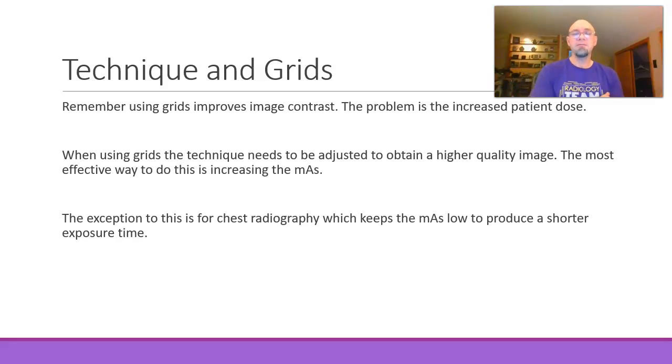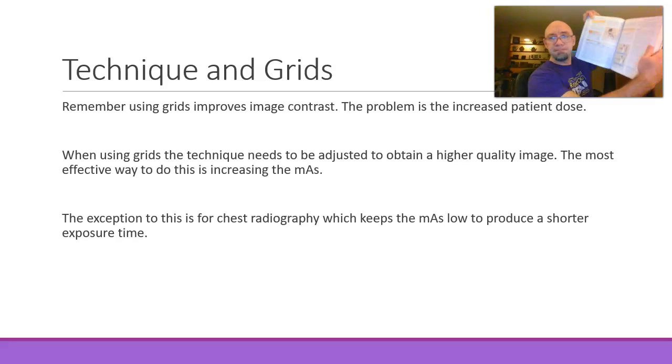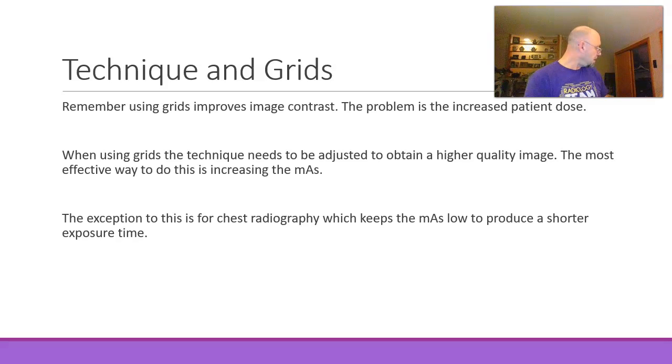kVp is a little bit different because with kVp, there's no pattern or rhyme or reason as far as I'm concerned looking at this chart. But as I read more and more in the book, adjusting your kVp is more for a very high grid ratio grid. So when you're up into like 12-to-1, 16-to-1, that's usually when you are going to increase your kVp rather than your mAs.